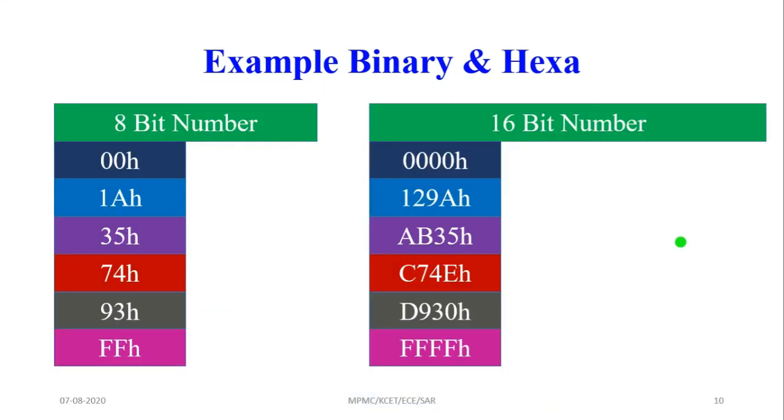Next, some examples. Now we are going to take 8-bit numbers. 00 is a hexadecimal representation. Each digit of the hexadecimal number can be represented by 4 bits. 00 means 00000000.